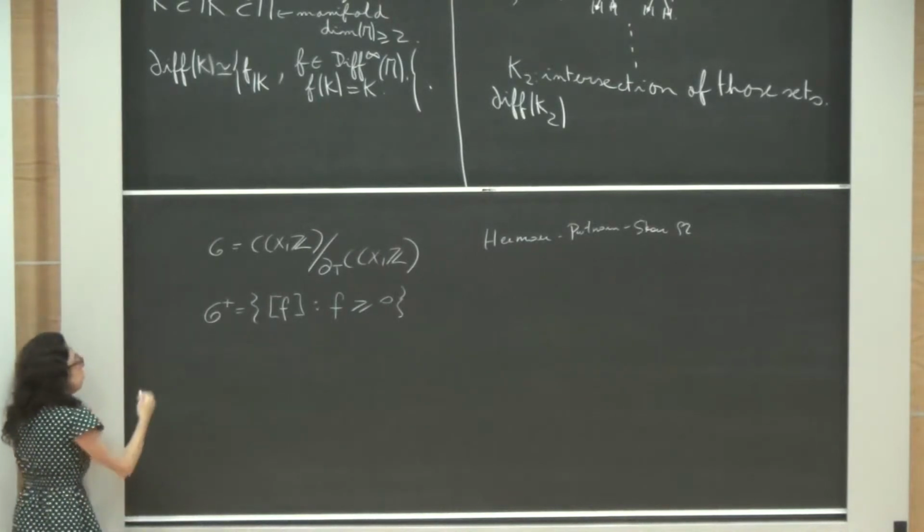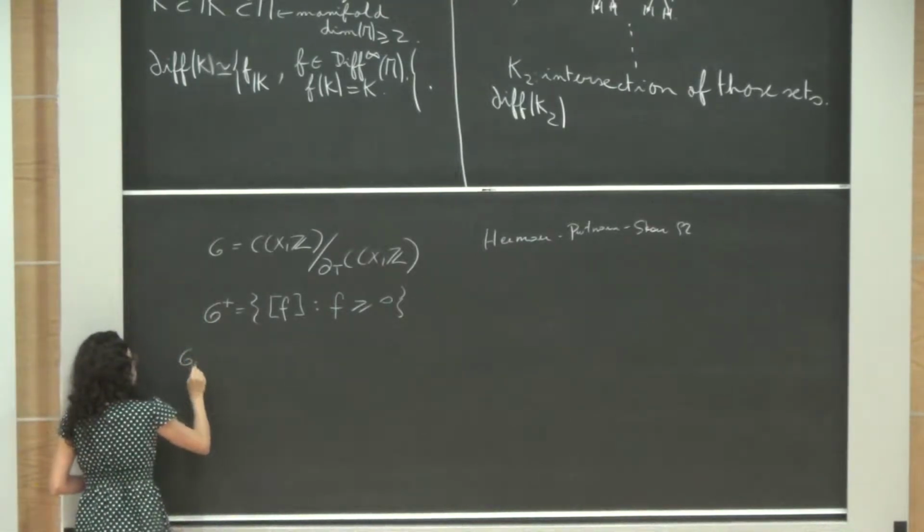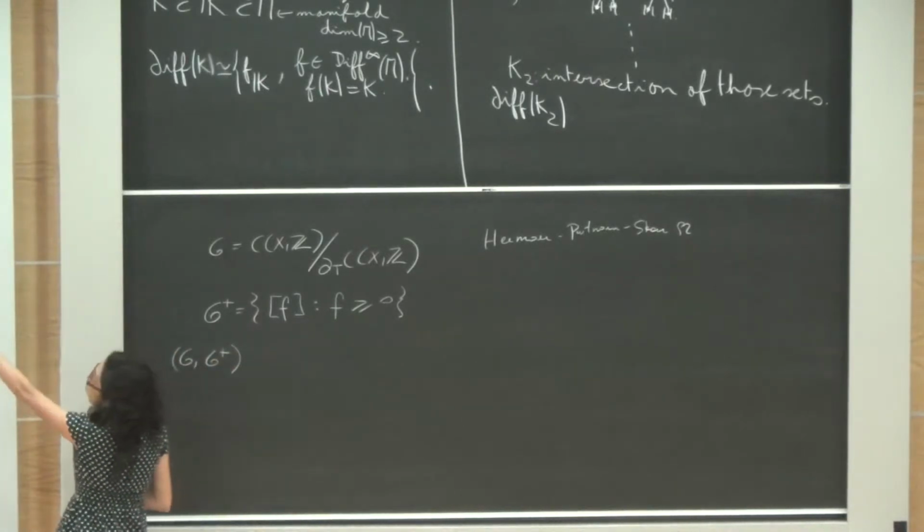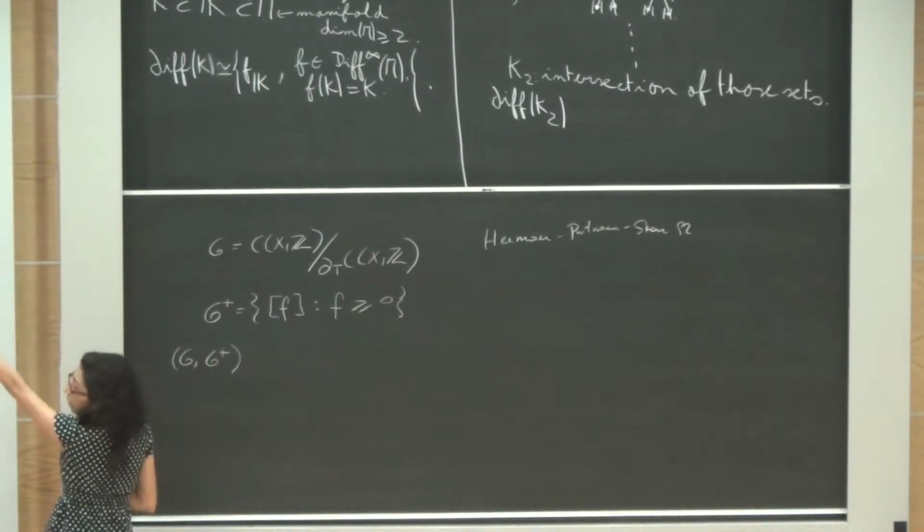And we can prove that this object is an ordered group. It verifies the properties 1, 2, 3 written there.